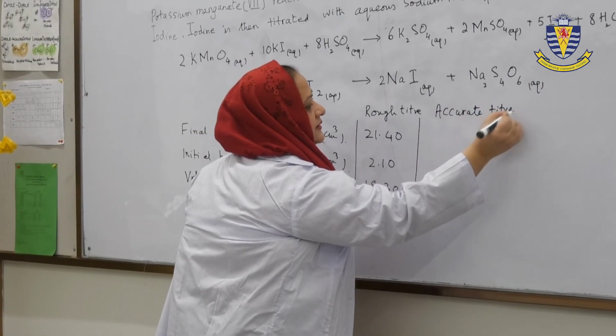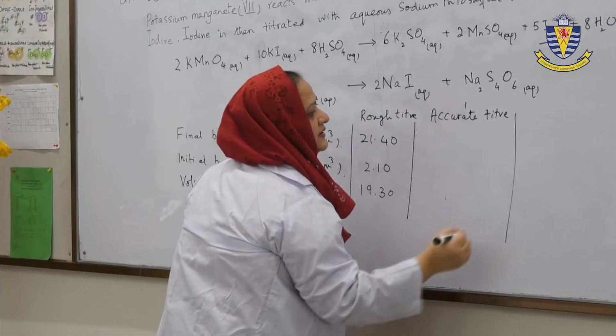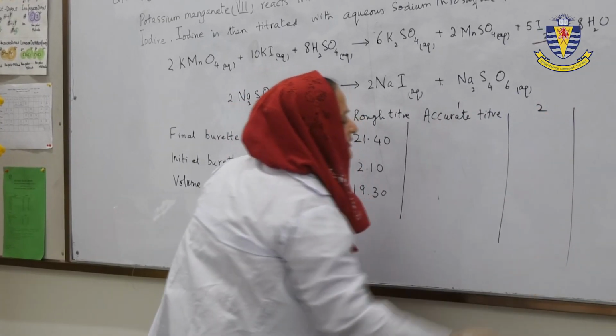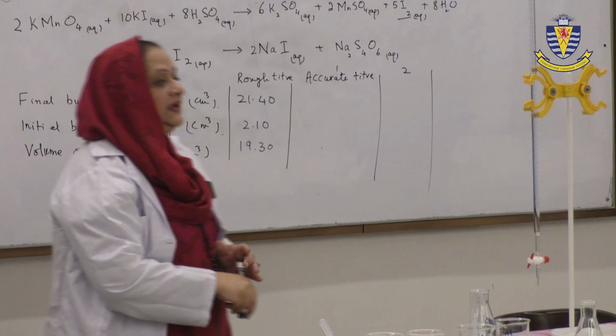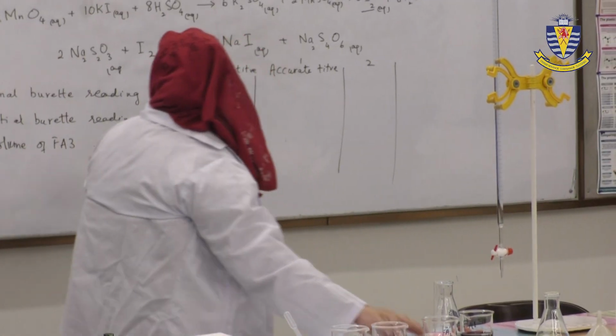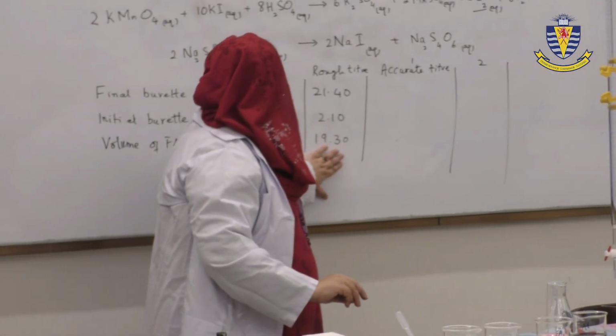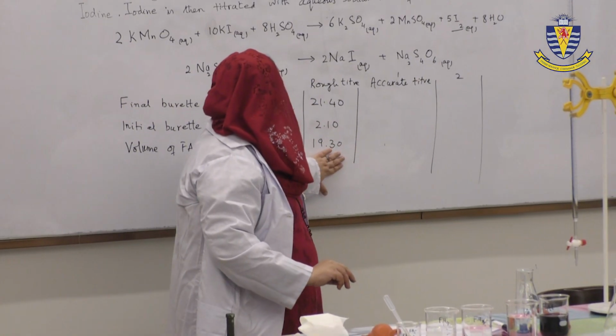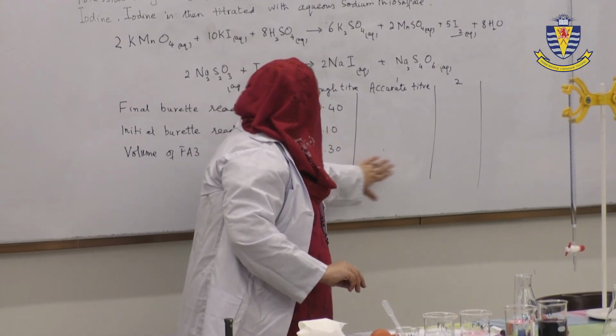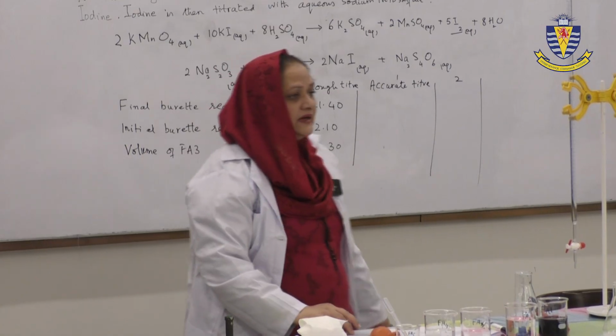Accurate titer, the first accurate titer, the second accurate titer, and then the third one if it is required. Remember that once you have done with the rough titer, you will be doing the accurate titration.